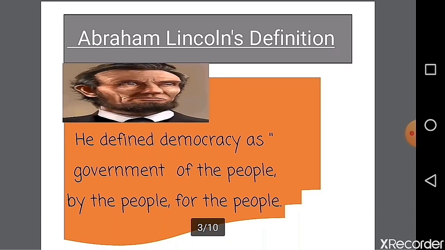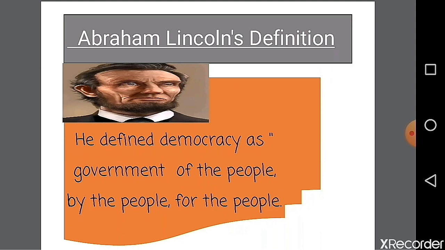Now, relating to the definition of democracy, one image is very popular. That is Abraham Lincoln. I hope you all are aware of him from earlier. So, who was he?